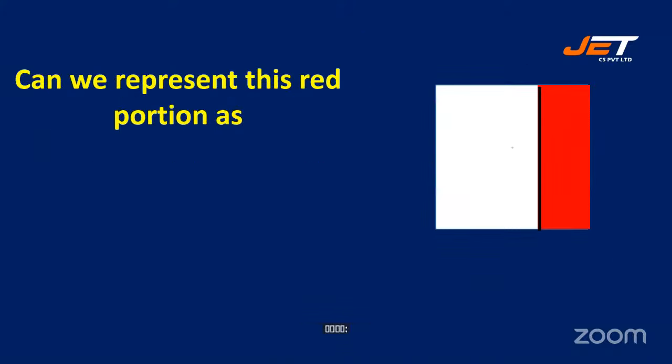All right. Now, can we represent this red portion as 1 by 2? Can I have the answers in the chat box? This question you really need to answer. Just tell me whether yes or no. Can I represent this as 1 by 2?